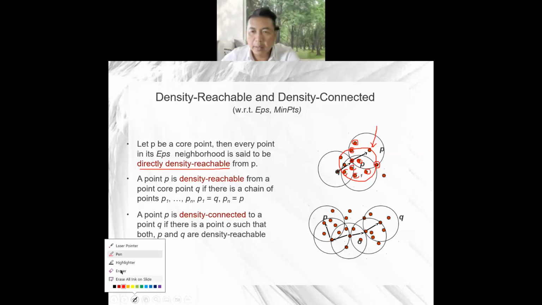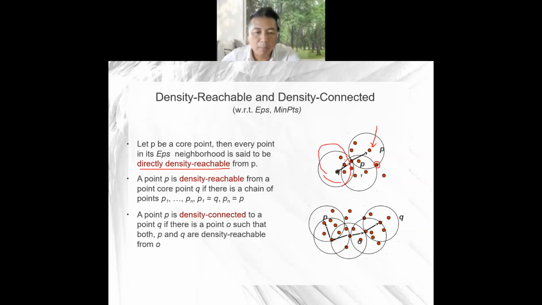This one is also core. This Q is also dense, or core, because within the radius here they have more than four points.